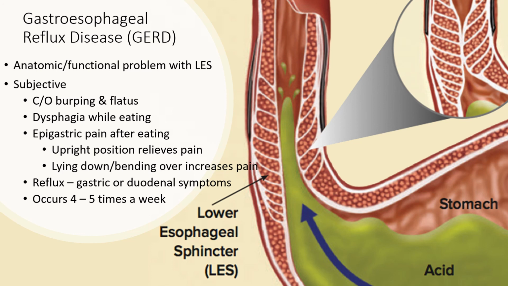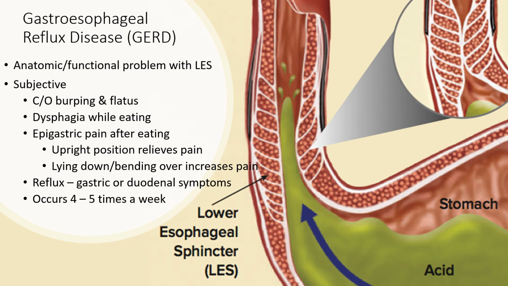A patient might complain of burping or flatus, dysphagia or difficulty swallowing while eating, and epigastric pain that occurs after eating. Remember, epigastric pain is right below the xiphoid process in the middle of the stomach. The pain is relieved by upright positioning and gets worse by lying down or bending over.